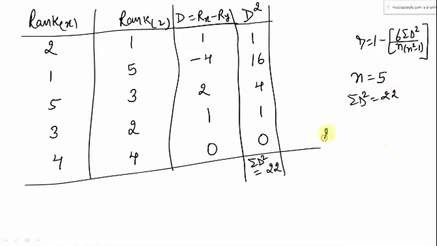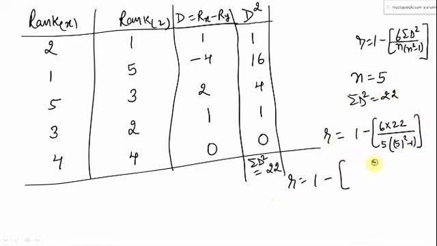So r is equal to 1 minus 6 into 22 divided by 5 into 5 square minus 1. r is equal to 1 minus 132 divided by 5 into 25 minus 1, which is 24. Any problem? No, sir.